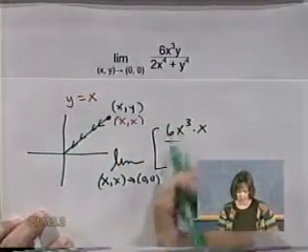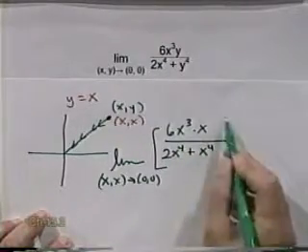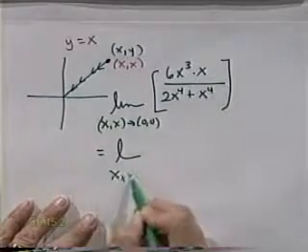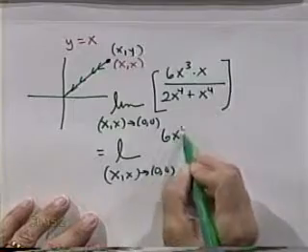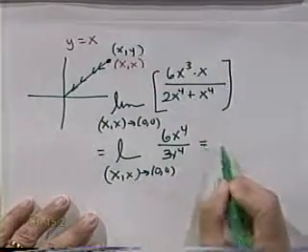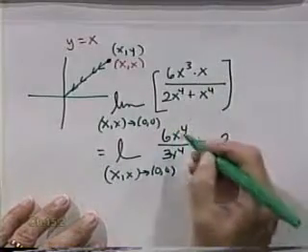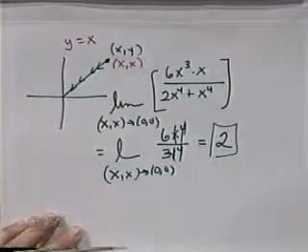So I have times x over 2x to the 4th plus x to the 4th. And I look at that, and what do I get here? I have the limit as x approaches 0 of 6x to the 4th over 3x to the 4th. What's that limit? 2. Because the x to the 4ths cancel, don't they? 6 over 3 is always 2.